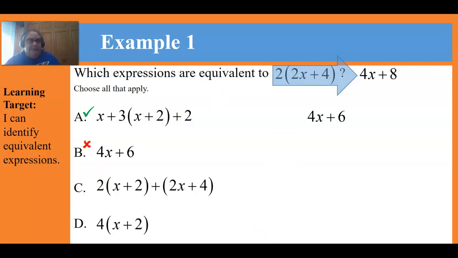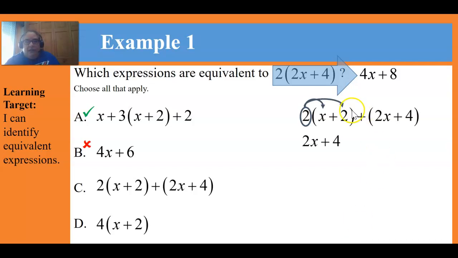Okay, let's look at example C. Again, we'll get some room to work. I see sets of parentheses, so I think we can distribute. Let's distribute that 2 first. So 2 times x is 2x. I'll write down my plus sign. And then we've got the 2 times 2, which is 4. Now, we do have this 2x plus 4 that are grouped together, but there's no coefficient, there's no number in front of there.